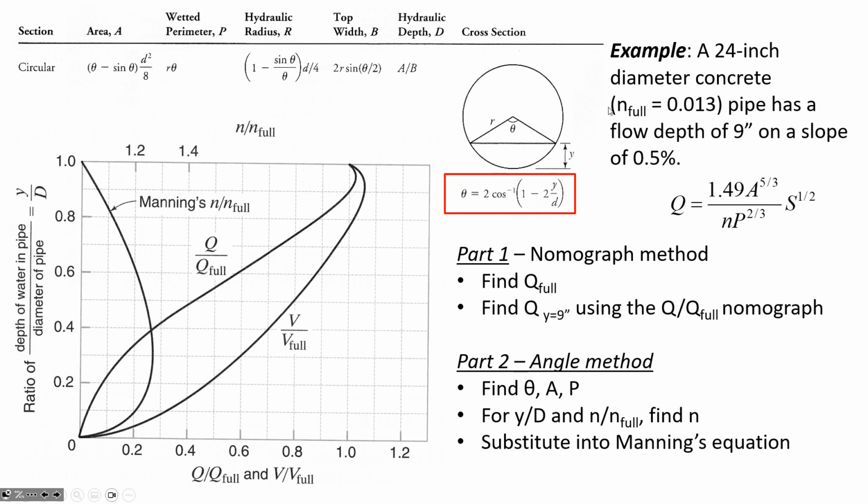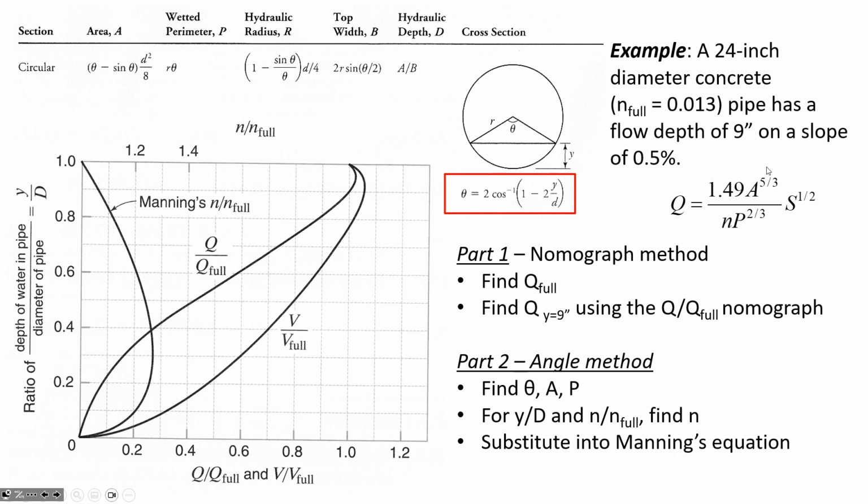Okay, so the full flow rate, Q full, is just me substituting into Manning's equation here. Now, 1.49 is the prefix that we only use for traditional units. If this was in SI units, then we wouldn't use 1.49 in Manning's equation. But this is traditional, so I'll add 1.49 times the area, 3.14159 feet squared, to the power of 5/3.